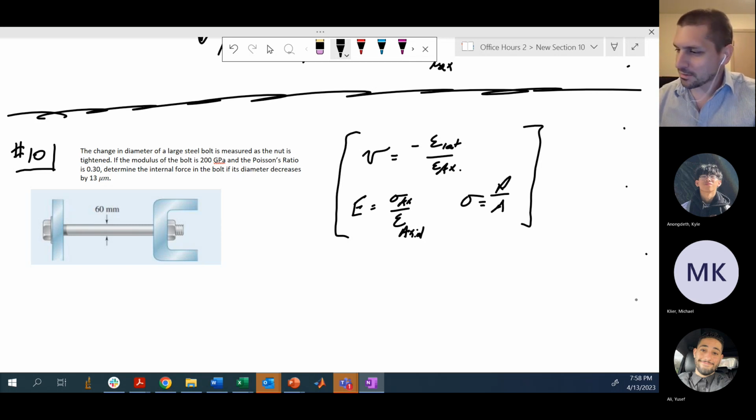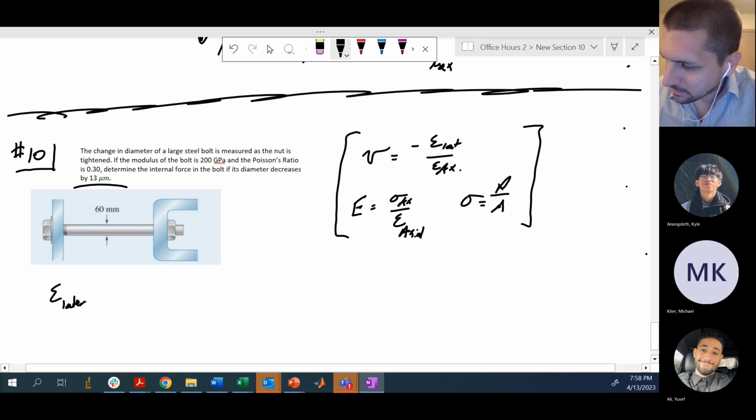But okay, we know that we have a diameter change. That should scream lateral strain to you. Lateral strain is the change in the diameter over the original diameter. So here we have negative 13 micrometers over the original diameter, which is 60 millimeters.